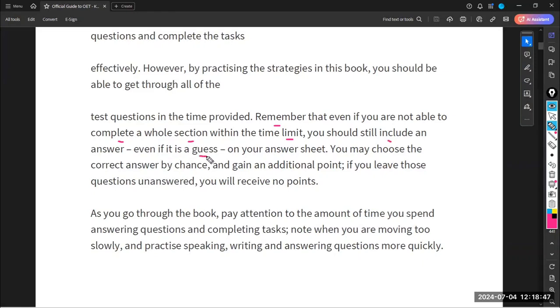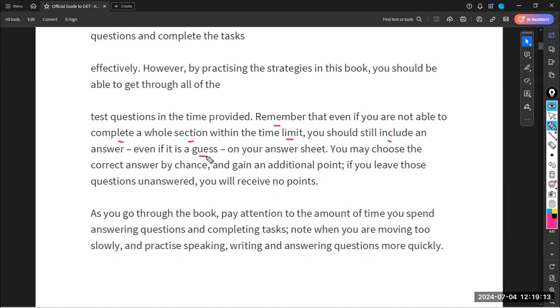Some students, Joel, because they don't know the exact answer, leave the answer blank. Please don't do so. You have to write something. Even if it is a guess, write it down. You don't have to leave any question blank. So please write any answer. Maybe you are not sure about a certain answer. Write your guess.